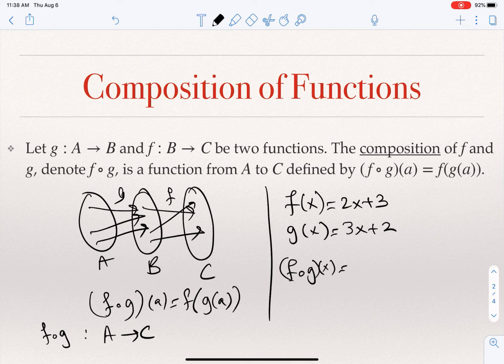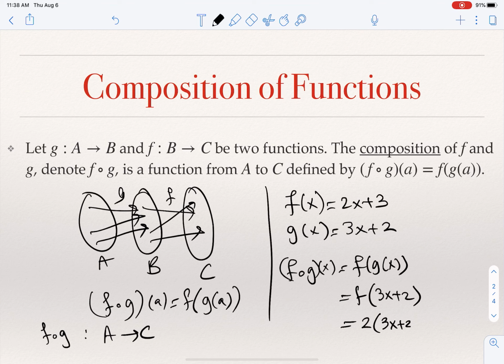Well, the composition of f with g is basically f of g of x. So this is f of 3x plus 2. And then we plug 3x plus 2 in place of x in f of x. So this becomes 2 times (3x plus 2) plus 3, which is 6x plus 4 plus 3. So 6x plus 7.